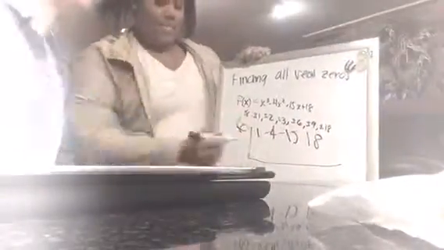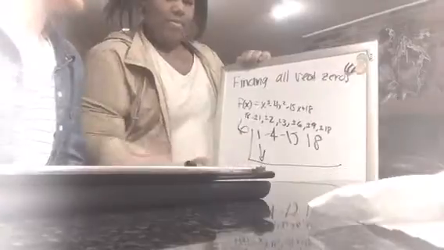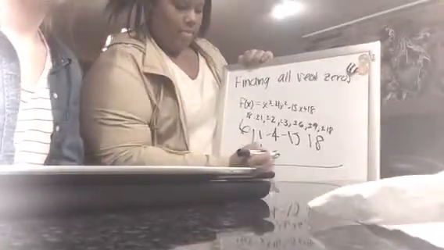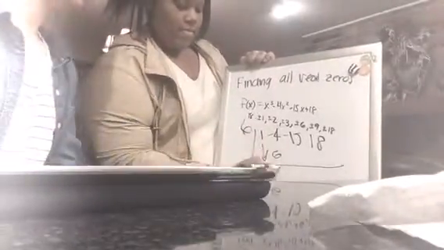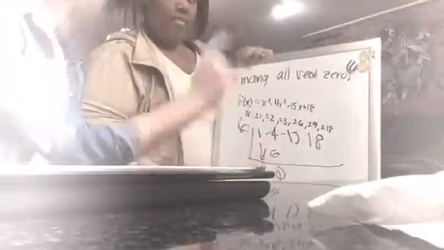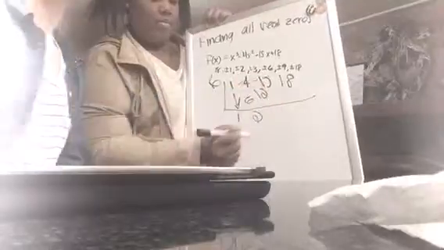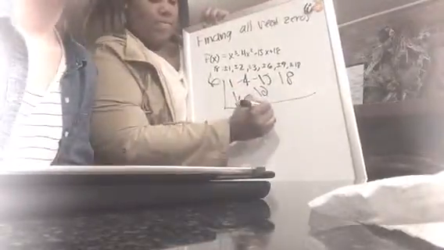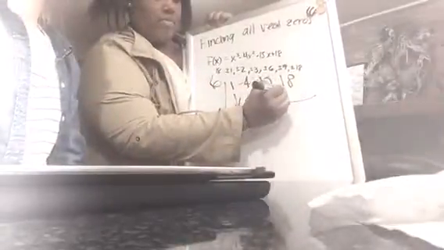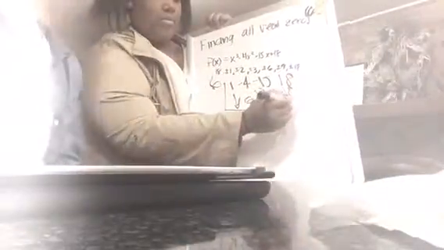So you bring the 1 down, and 6 times 1 equals 6, and then you add those two together, so that's 2, and then 6 times 2 equals 12. So you add those two together, and you get negative 3, and 6 times negative 3 is negative 18. So there's no remainder, so you know that worked.